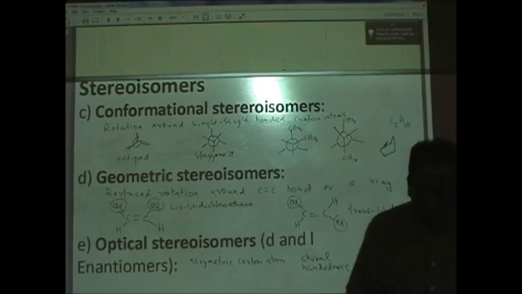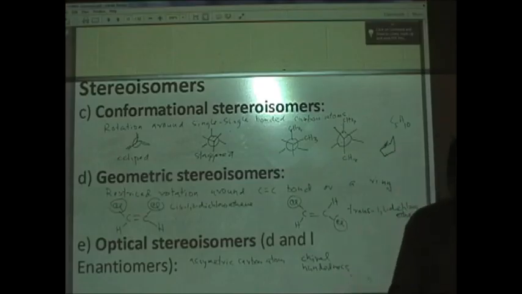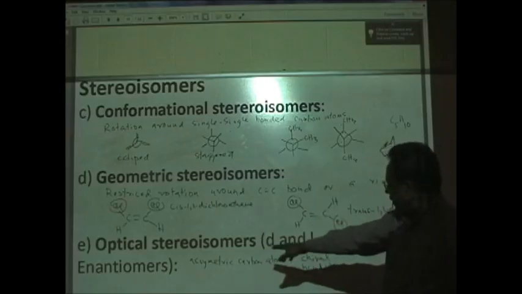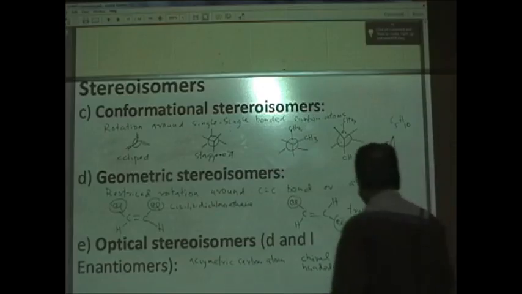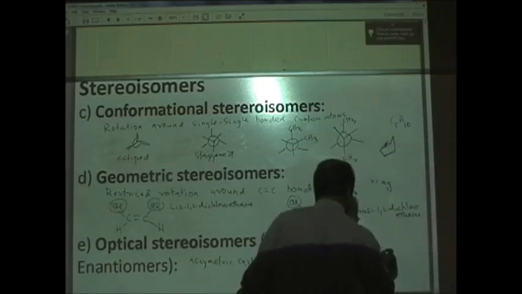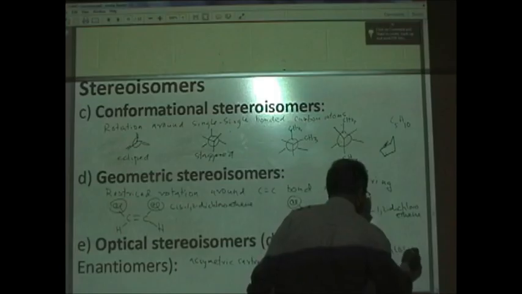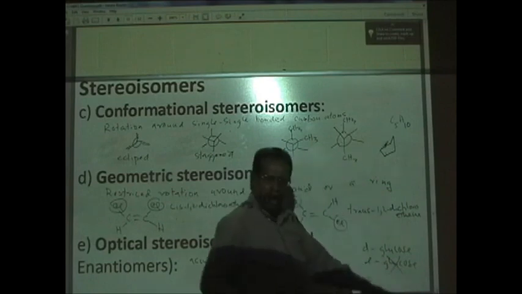Anyway, because of the asymmetric carbon atoms, for example, D-glucose and L-glucose are different things. We don't find this in our body.